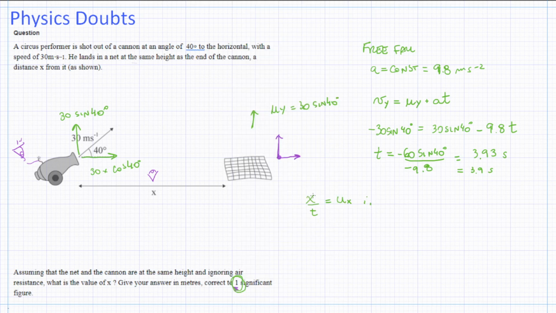So distance over time will be horizontal speed. So if we rearrange this, we will have then that the distance traveled will be our horizontal speed multiplied by the time. And if you didn't put the numbers in, you would have a very beautiful and nice equation. It would turn out to be ux in time before you calculated the value.